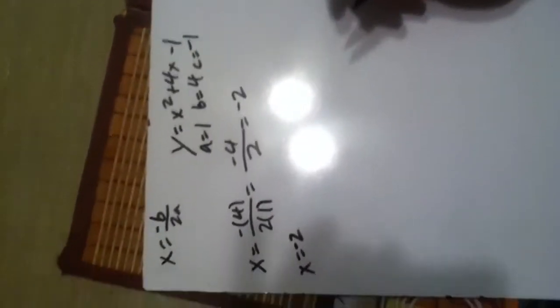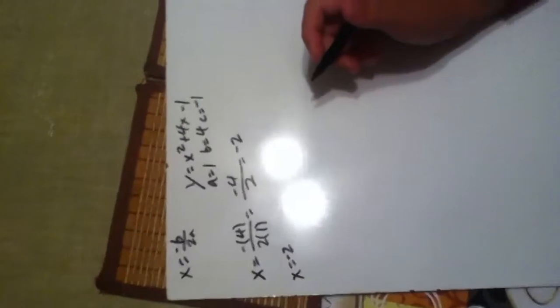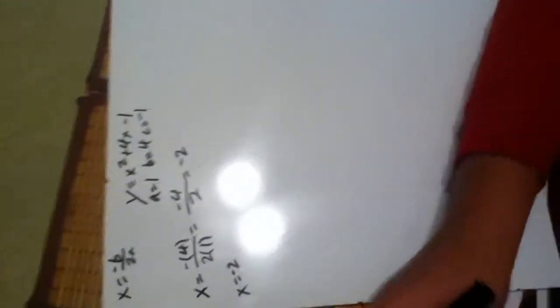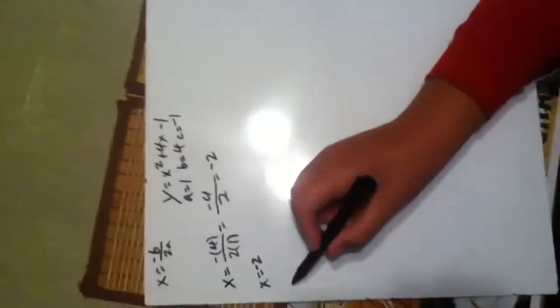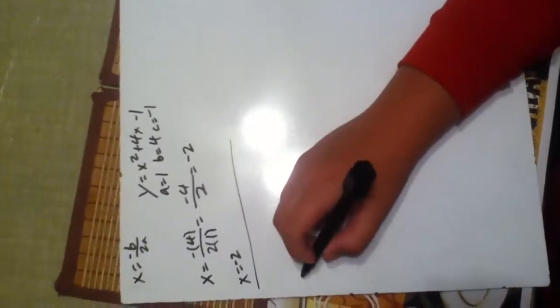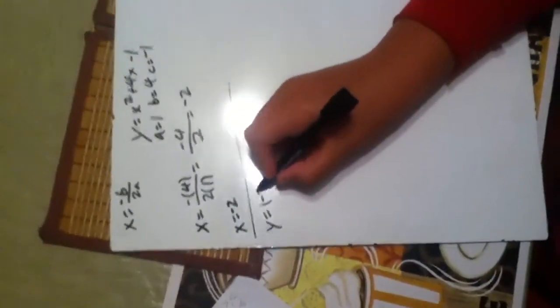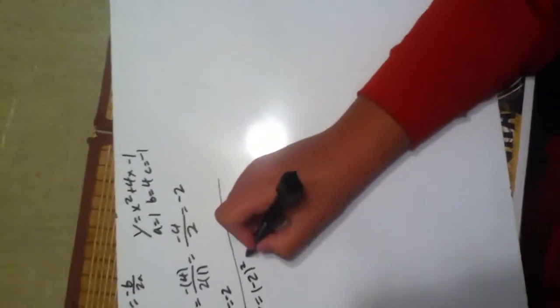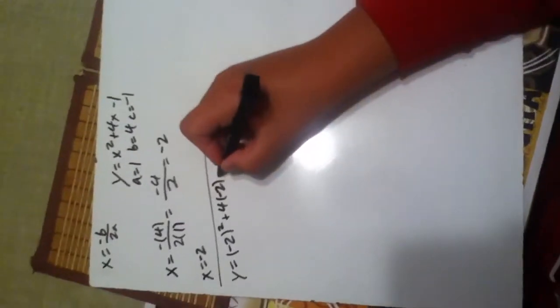And then you have to find the y in order to get the full equation. It's called finding the vertex. So we have to plug in the x in here. We already got the x, so now we have to find the y. So y equals x, which is negative 2 squared, plus 4 times negative 2, minus 1.